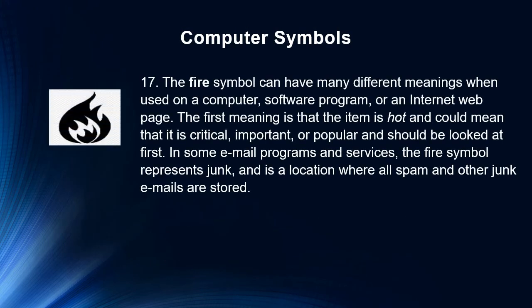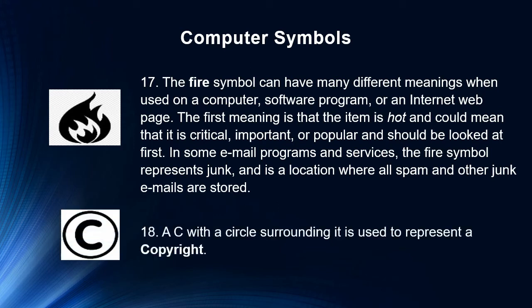Number 17, a fire symbol can have many different meanings when used on a computer, software program, or internet web page. The first meaning is that the item is hot and could mean that it is critical, important, or popular and should be looked at first. In some email programs and services, the fire symbol represents junk and is a location where all spam and other junk emails are stored.